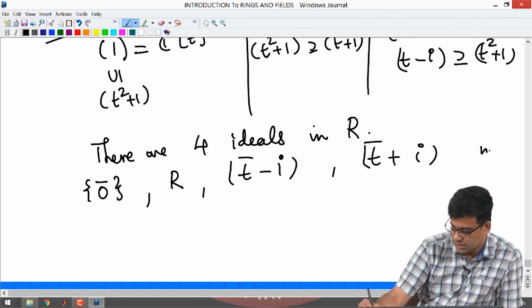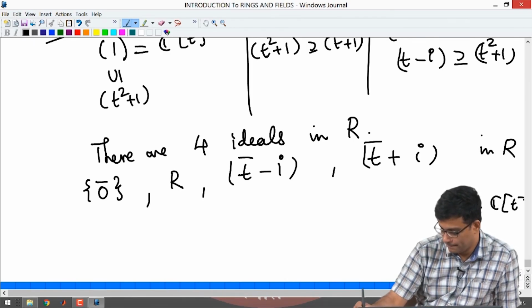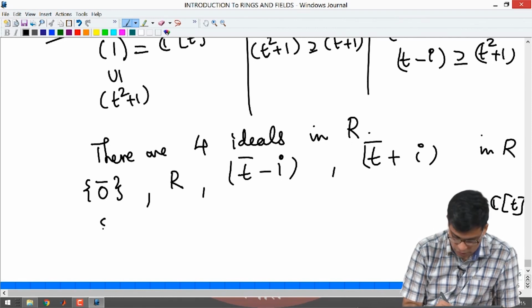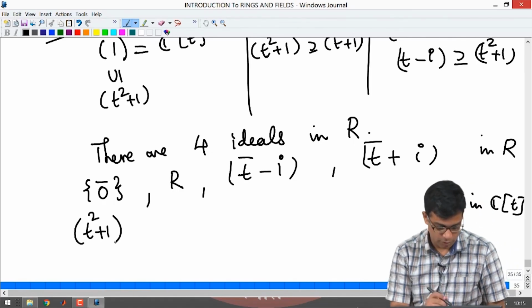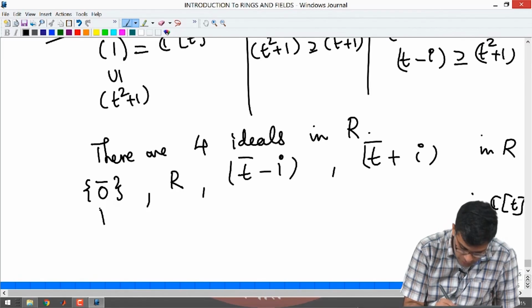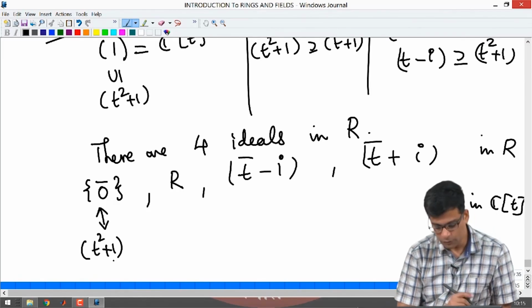So, these are ideals in R. What are the corresponding ideals in C[t]? This corresponds to the 0 ideal, this corresponds to the ideal generated by t squared plus 1.